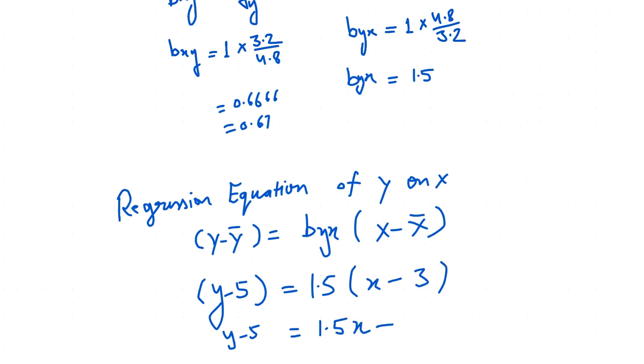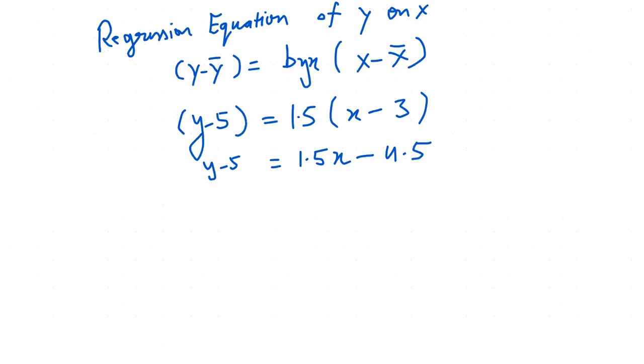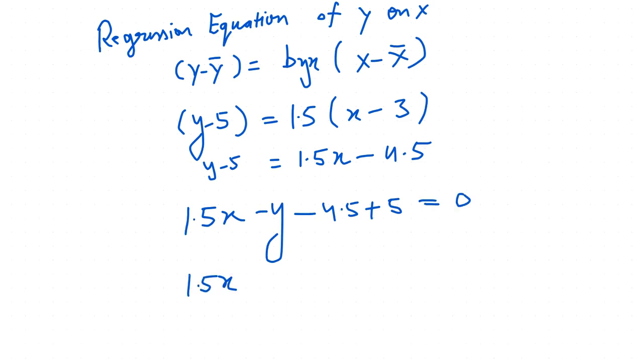Or we can write 1.5x minus y minus 4.5 plus 5 is equal to 0. Or 1.5x minus y plus 0.5 is equal to 0. So this is the required equation.